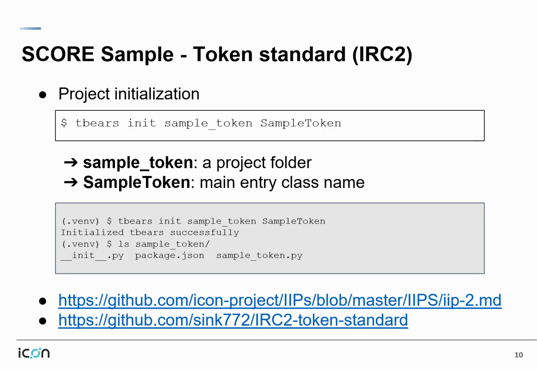I'm going to show you a more concrete example of how to write SCORE code. First, you need to initialize a project structure. You can do this by using Tbears' init command.